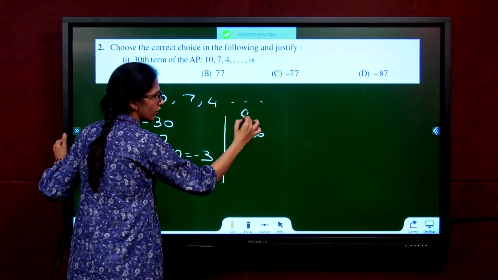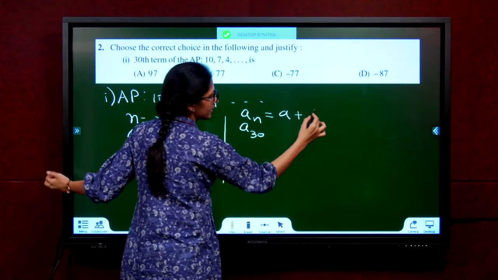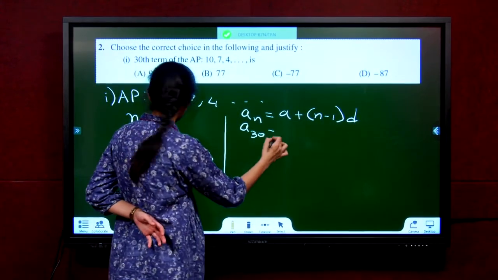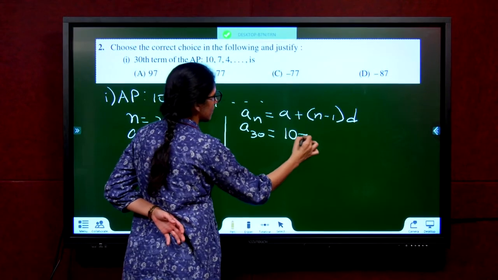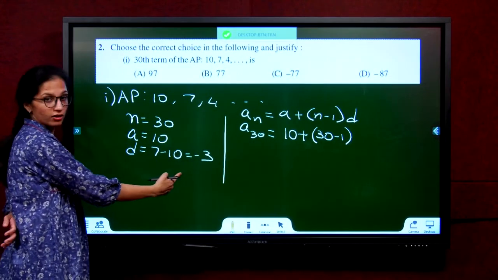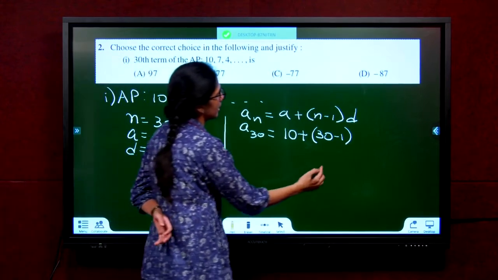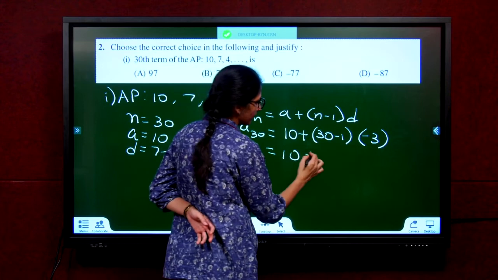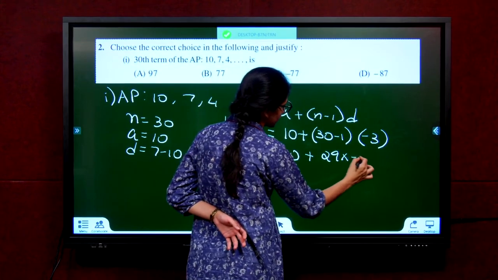So what is the general formula? AN is A plus N minus 1 into D. Substitute. A30 is equal to, what is A? 10 plus 30 minus 1 and D we got here as minus 3. So it becomes 10 plus 29 into minus 3.